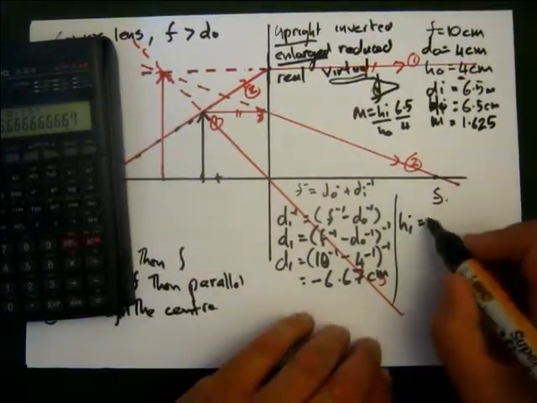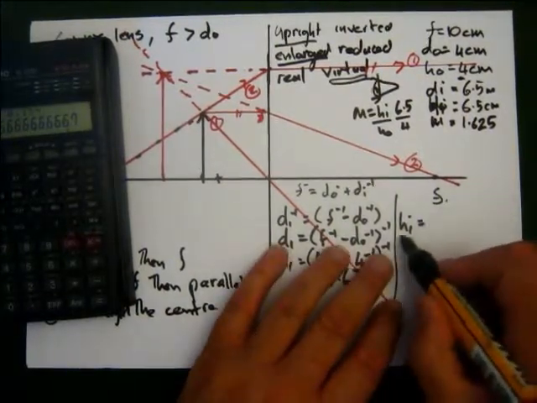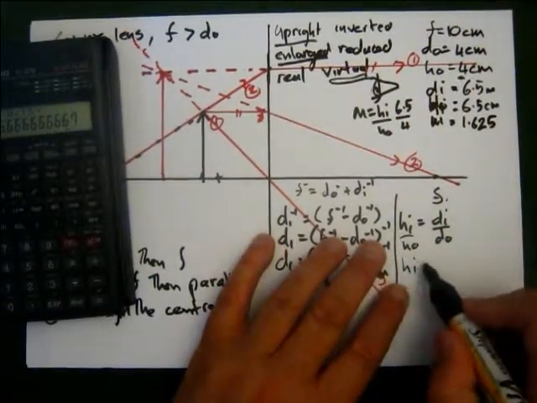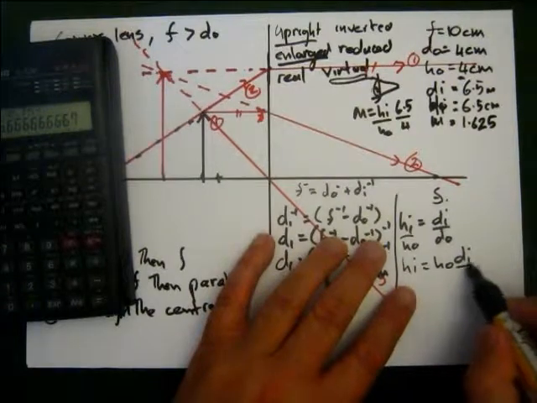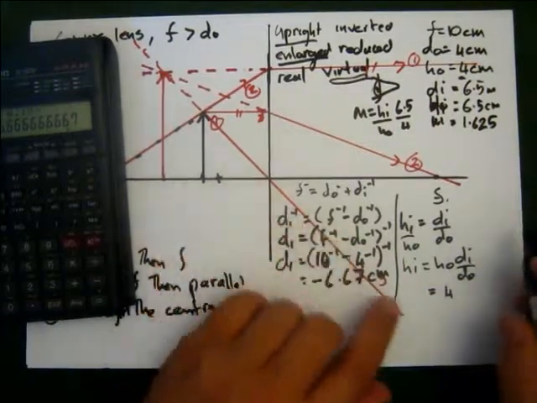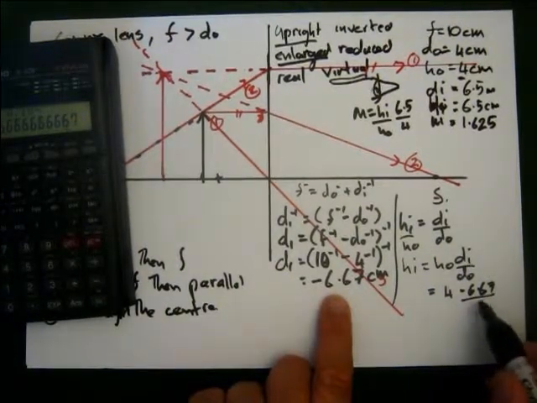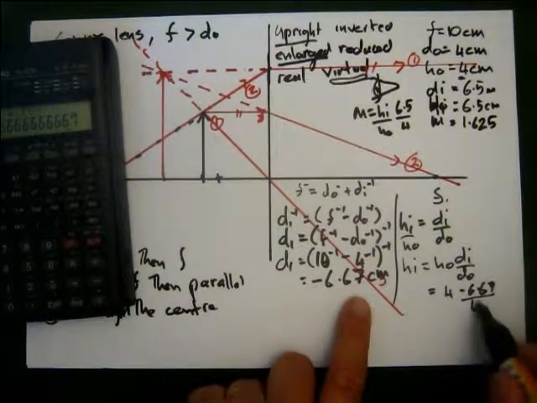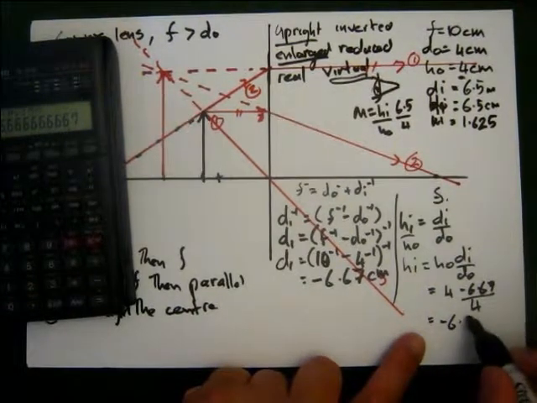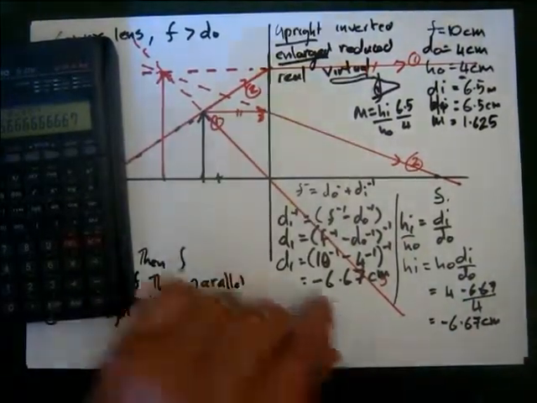HI is going to equal, again from earlier, HI over HO equals DI over DO, so HI equals HO times DI over DO. What's the height of the object? 4 times the distance of the image, negative 6.67, divided by the distance of the object, 4, equals negative 6.67 centimeters. And what that negative sign tells me is it's going to be upright.